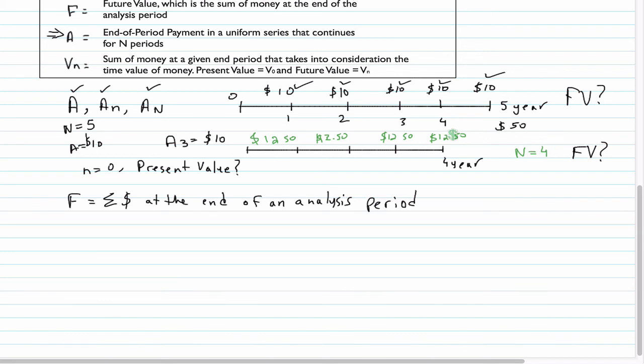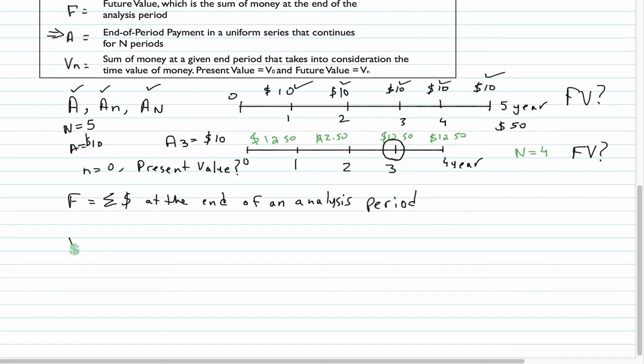What about if you want to know what the future value is before the end of an analysis period? So before the end of this period, the third period, at the end of the third period, what is your future value?